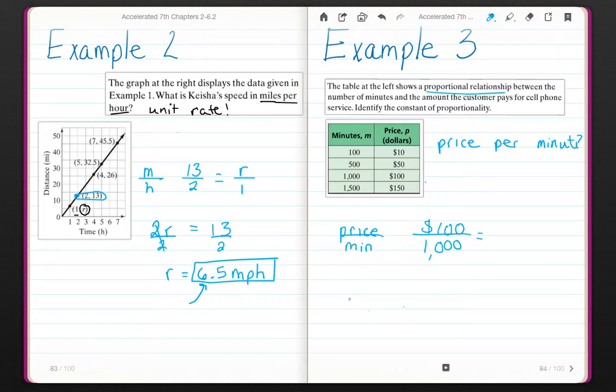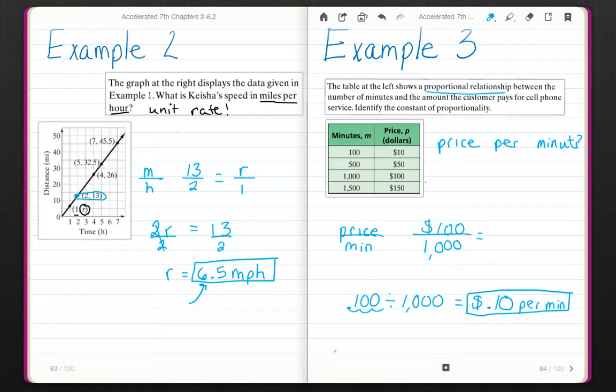If I take 100 divided by 1,000, I'm going to move the decimal 3 times to the left. So that would be 0.1, but we all know we can't have one place a decimal in money. So I have 10 cents per minute. Cost me a dime for every minute that I talk on the phone. Okay, so that is my constant of proportionality.